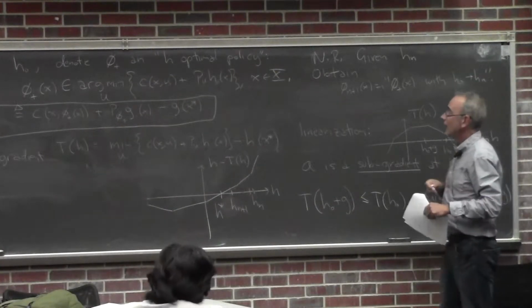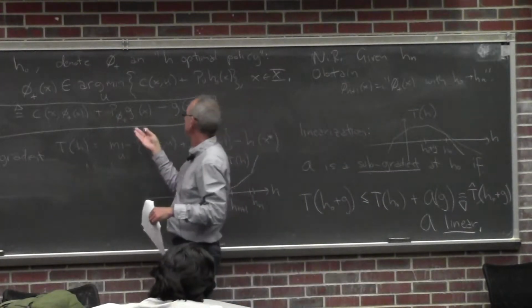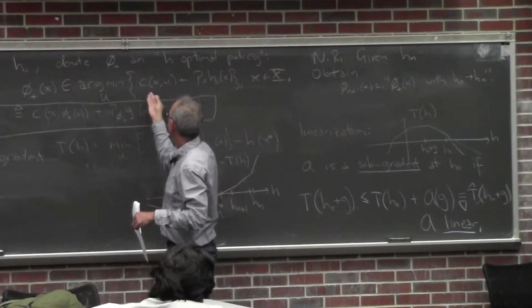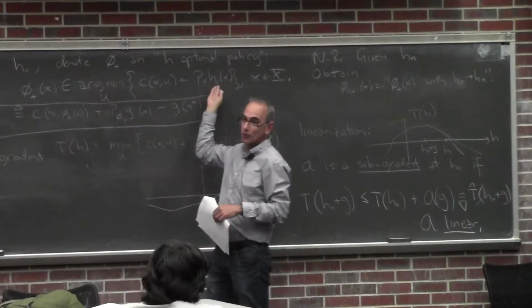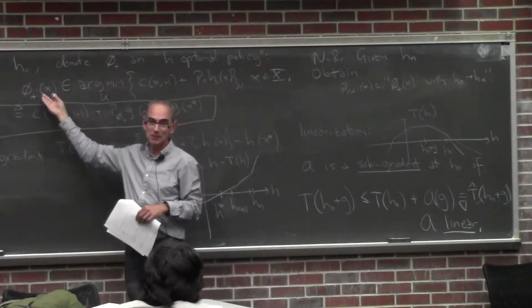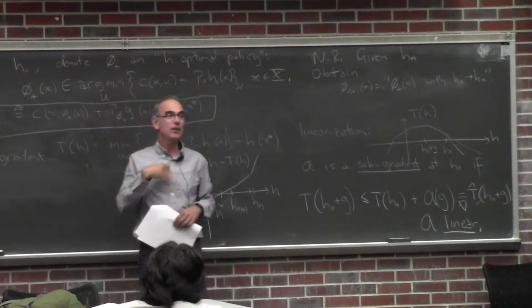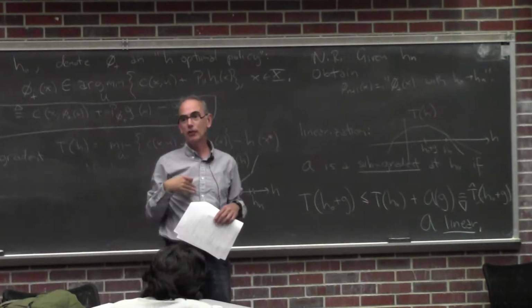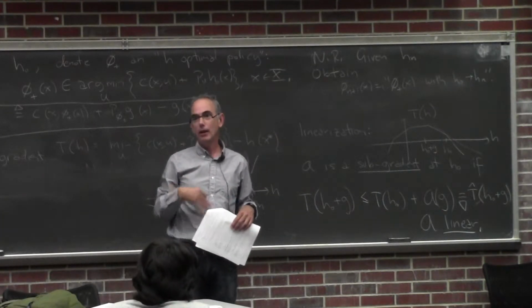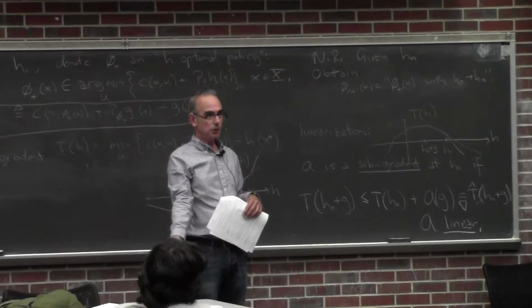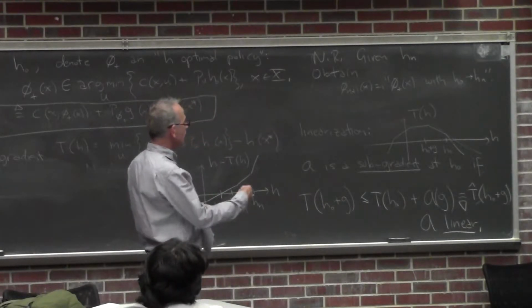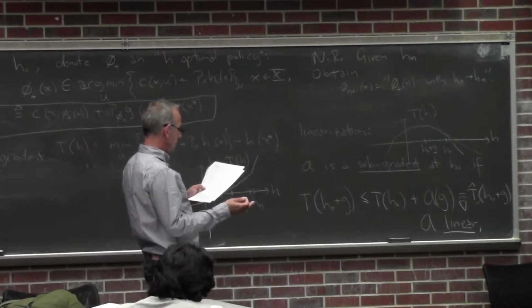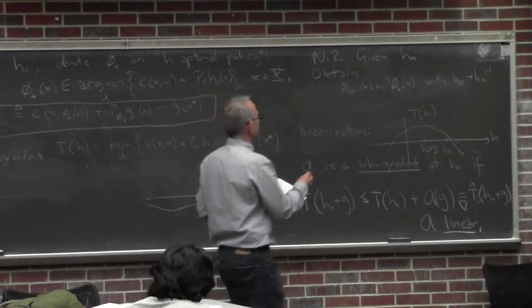I don't have to write this down again. If you give me hn instead of h0, I can't keep calling it phi plus. I need new notation. So I'll call it the next policy. So at the end stage of the algorithm, I've got an hn. I define a new policy, phi n plus 1. And I've got this linearization I'd like to cook up.